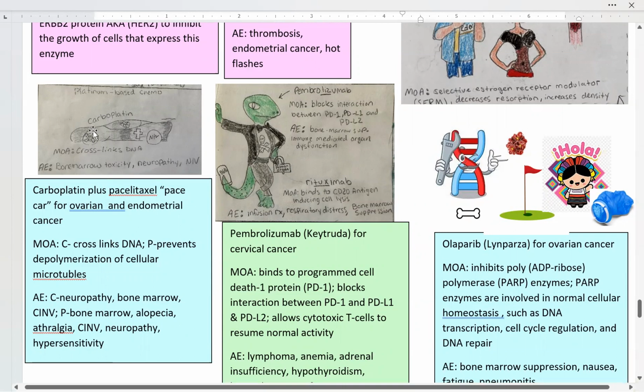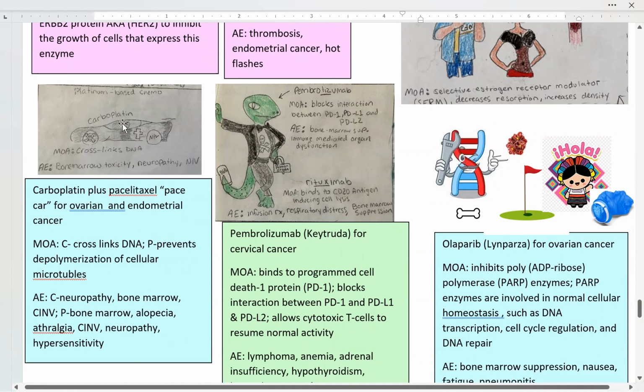So you have this death-looking symbol for bone marrow suppression. This is early in my drawing, so I represent bone marrow suppression a little bit differently more recently. But then you have neuropathy.